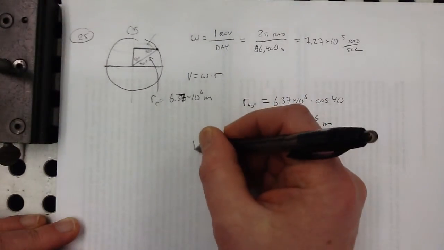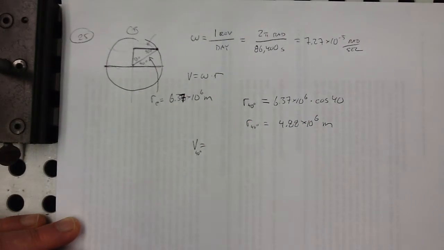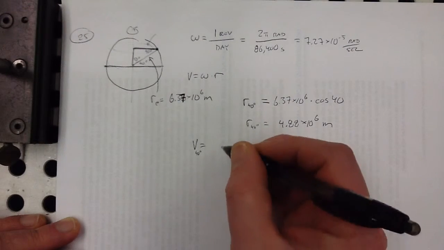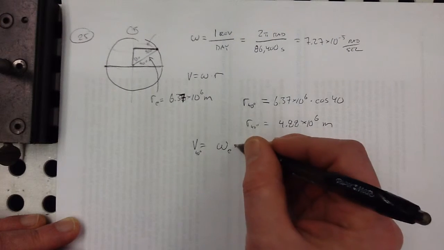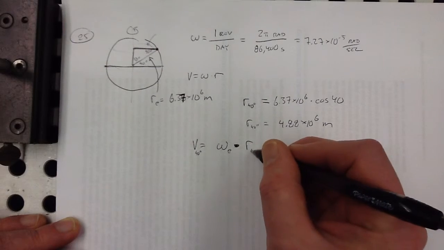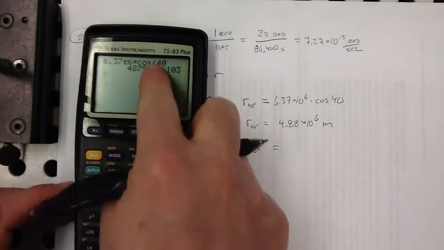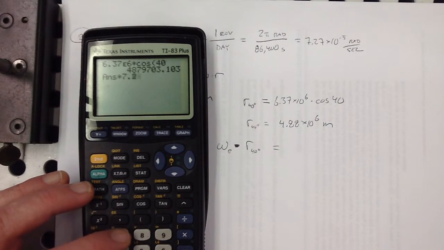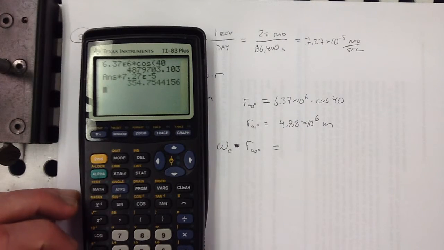So how fast are you going? Your linear speed when you're at 40 degrees latitude would be the angular speed of the Earth, which we found there, times the radius at 40 degrees, which is, I still have that number there, I'll just use that, times 7.27 times 10 to the negative fifth.